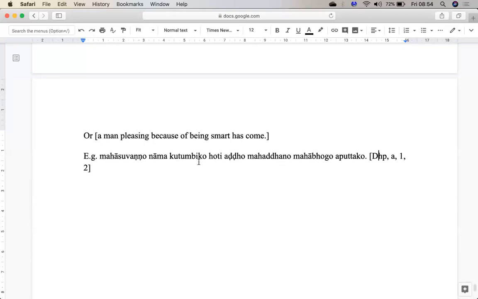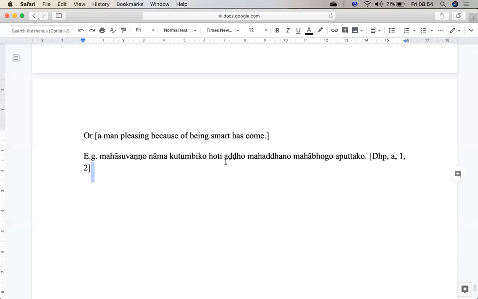But here the householder is modified by ado, mahadano, mahabogo, abodako. So ado, the rich one; mahadano, possessing plenty of properties; mahabogo, having great enjoyments, how to say, wealthy.